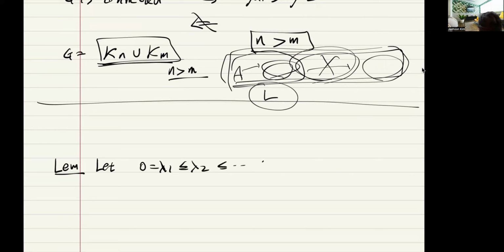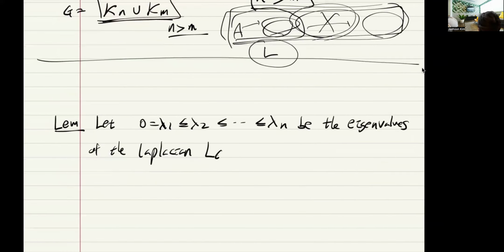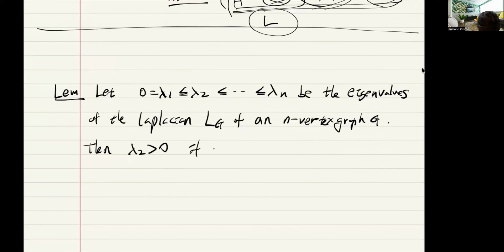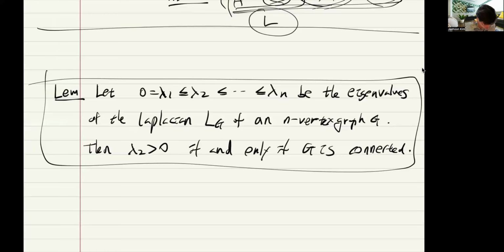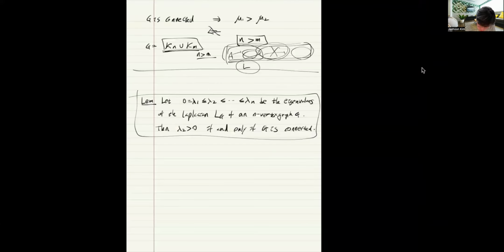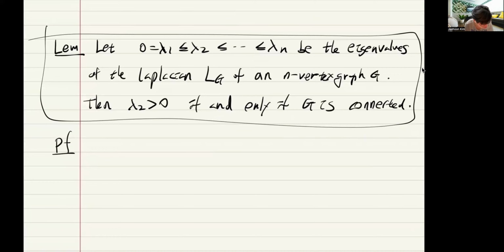Let's say these are the eigenvalues of the Laplacian L_G of an n-vertex graph G. Then lambda 2 is bigger than 0 if and only if G is connected. So we can prove this.